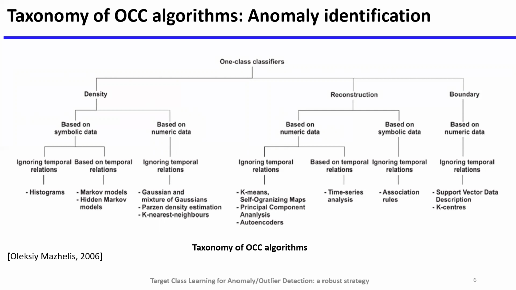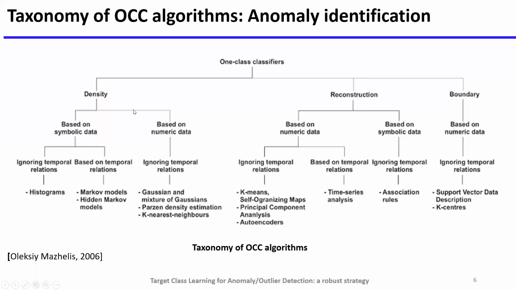The first one is the density-based model, the second is the reconstruction-based model, and the third is the boundary-based model. In the second layer, it is further categorized based on the type of data, whether symbolic or numeric. Let us not follow the type of data right now.